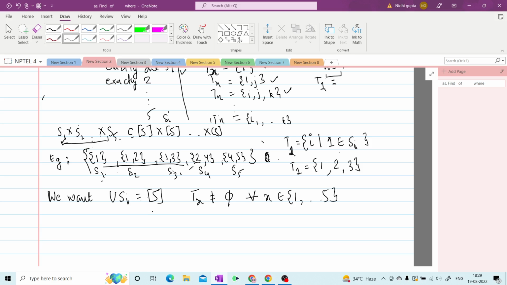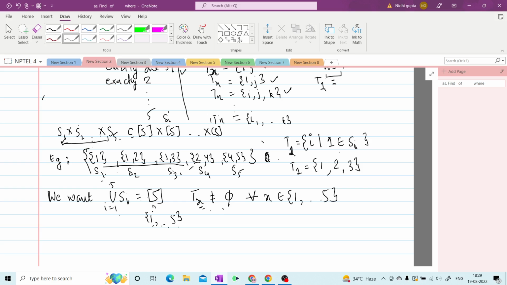Because if the union of Si is 5, that means 5 is 1, 2 till 5, so this 1, this 2, this 3, this 4, this 5. If x is 1, it should belong to at least one of these Si. Therefore Tx is non-empty.